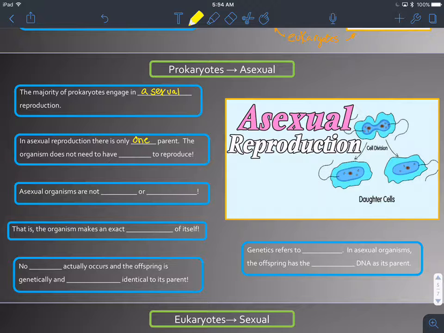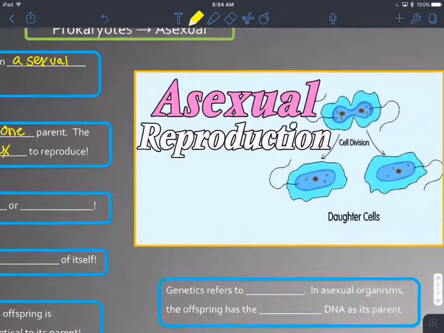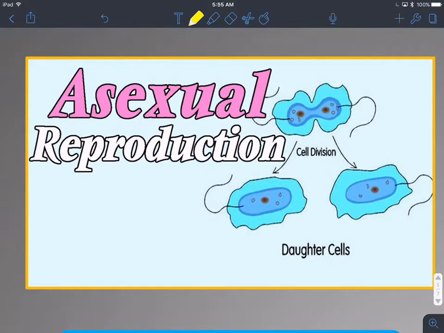You wouldn't have a mom and a dad, you only have one parent. The organism does not need to have sex to reproduce. If you look here to the right, you'll see that we have our parent. And this parent just divides into two daughter cells, okay?